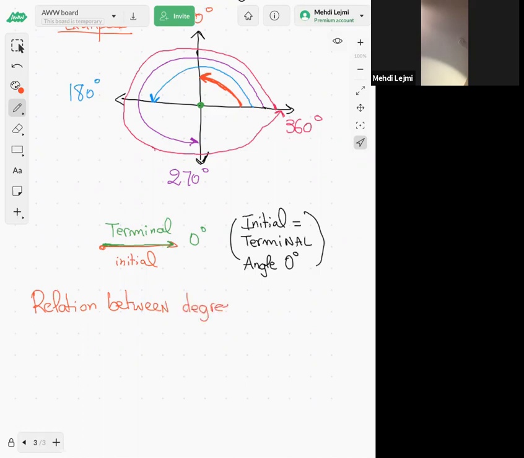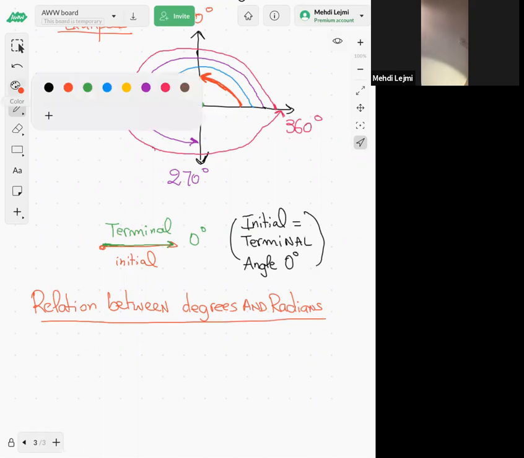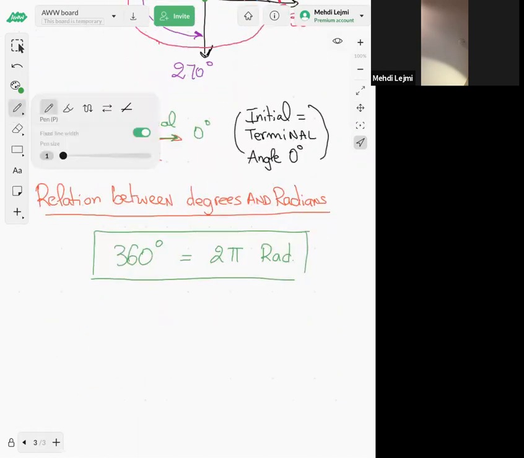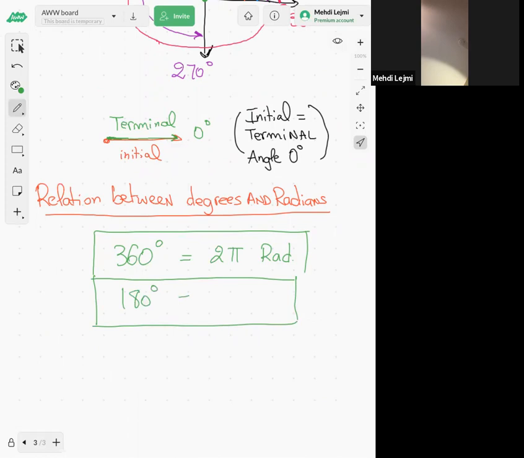If you divide by 2, then 180 degrees is pi radians.